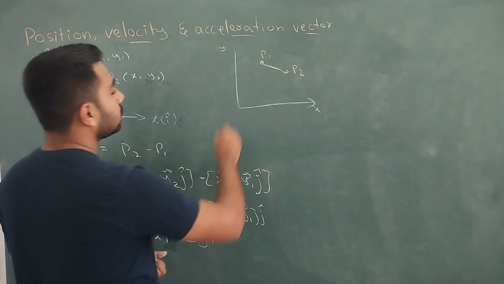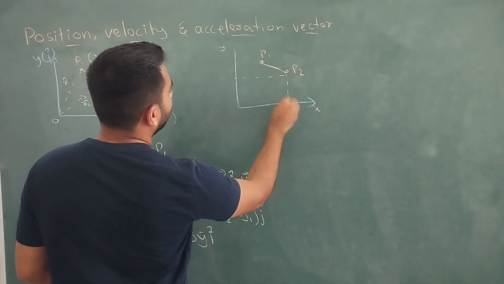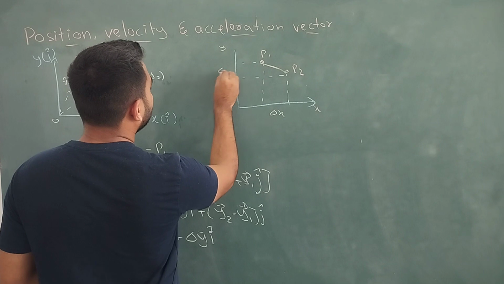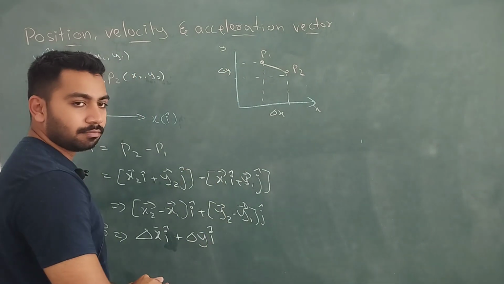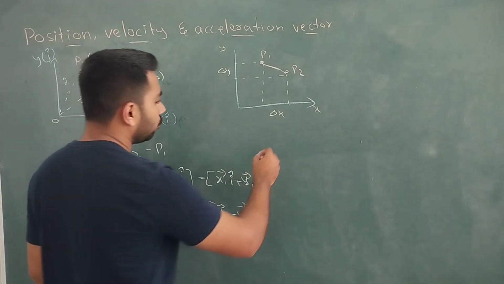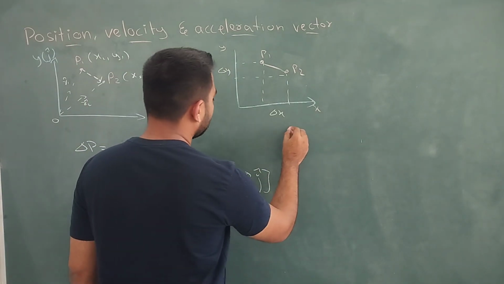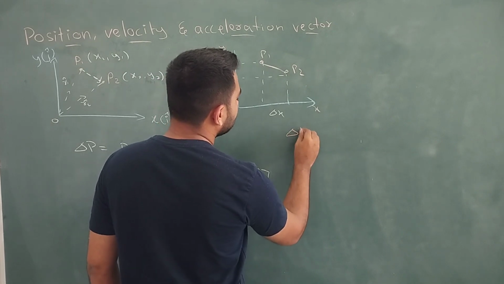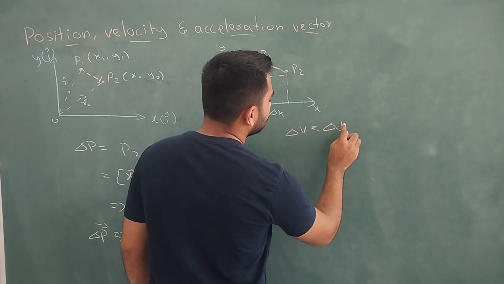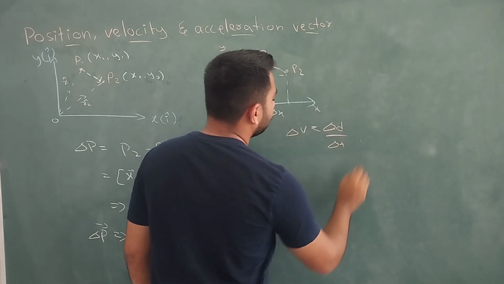While writing for velocity, it's very simple. It traveled this distance in this time. So how can you write it? Sir, very simple. Velocity we know: velocity is equal to distance divided by time.